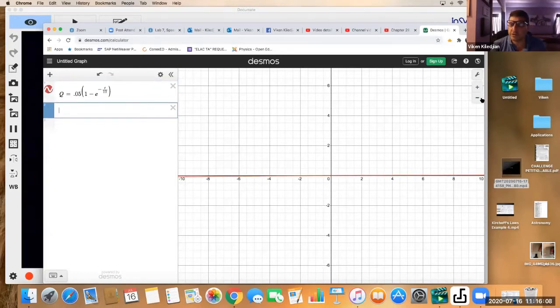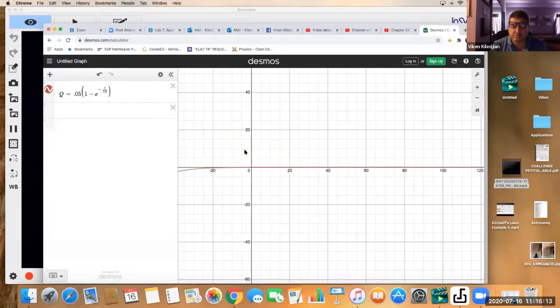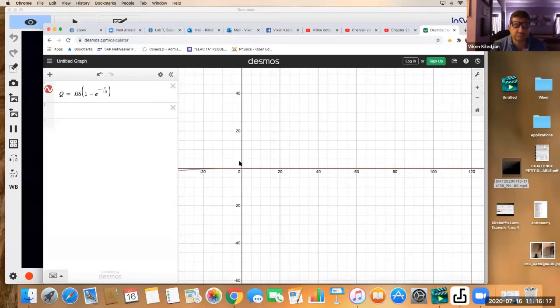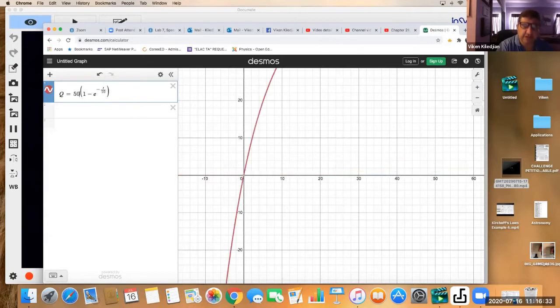So let's zoom out. Oh, it's so small because this is 0.05. Why don't we just graph it as a millifarad on the vertical axis instead of farads? So I'll just keep it as 50. Okay, then that'll be better. So just know that the vertical axis we're graphing as a millifarad.